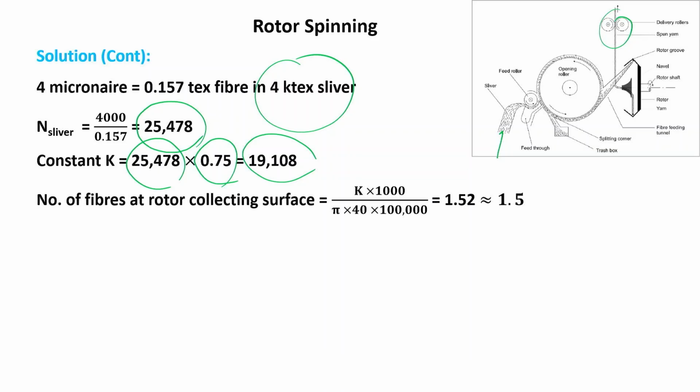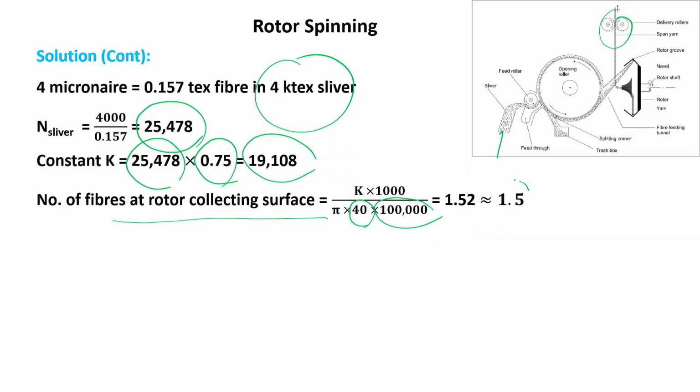Now, let us see what is given. So, the number of fibers at the rotor collecting surface, the rotor groove. The rotor speed is given, 100,000 rpm, and the rotor diameter is given. So, in a similar way we can calculate.